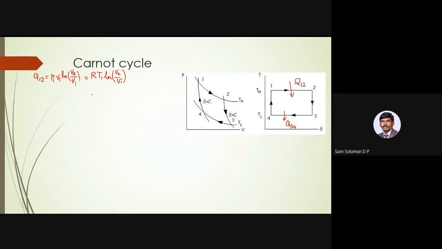Okay, so we wrote this Q34 as P3V3 times ln of final state by initial state, so V4 by V3.